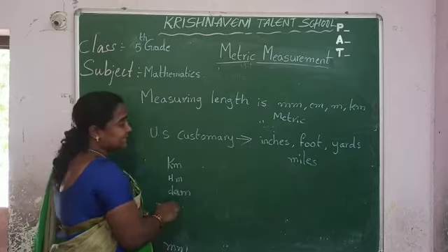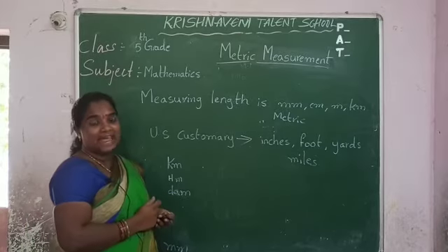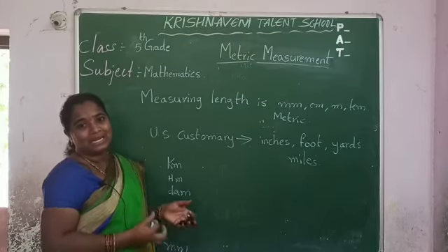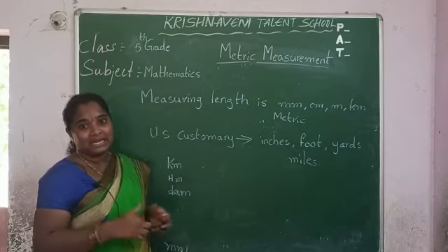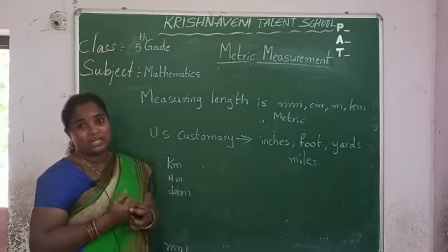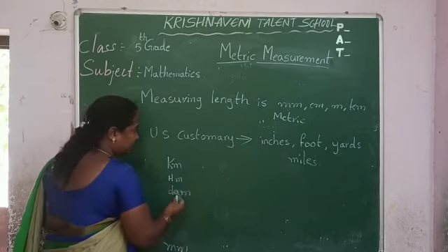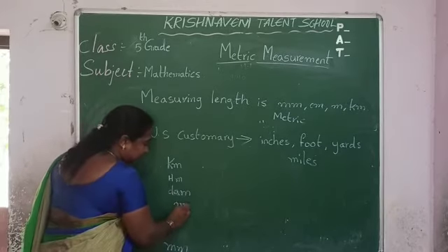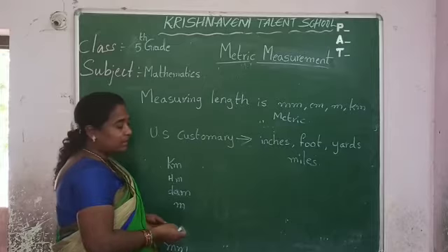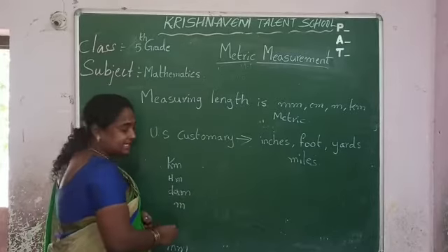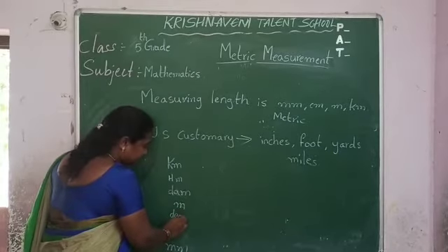The 4th unit is the standard unit. Generally, how do we measure length? The standard unit for length is meter. Next, smaller than meter is decimeter.